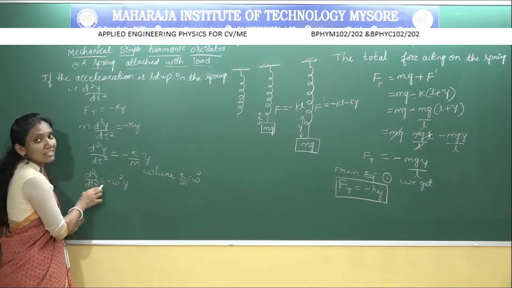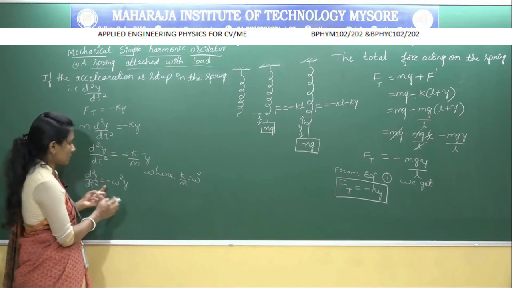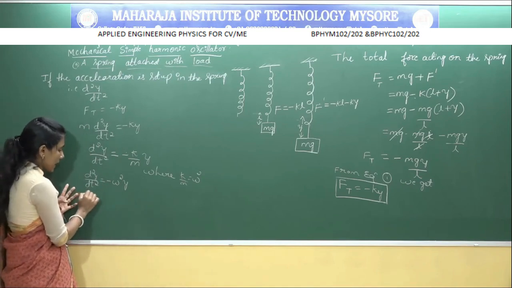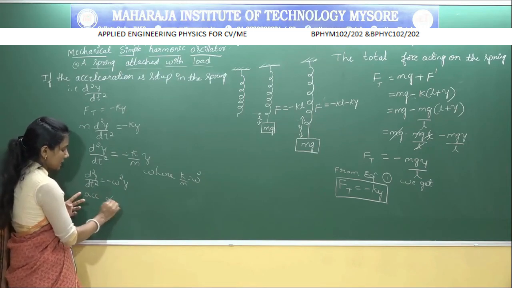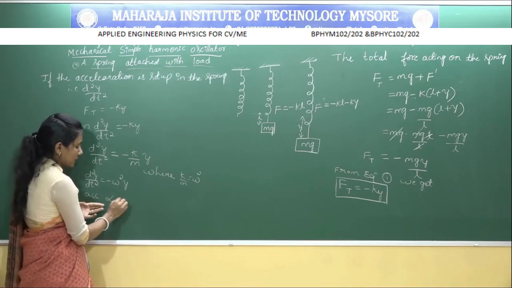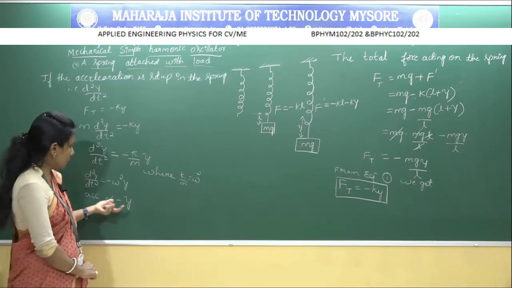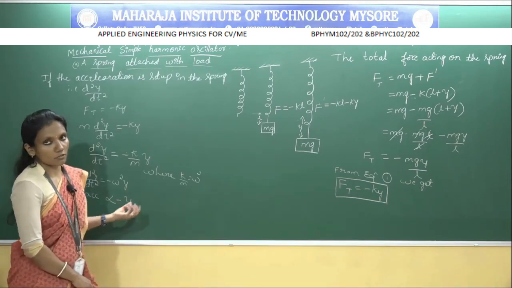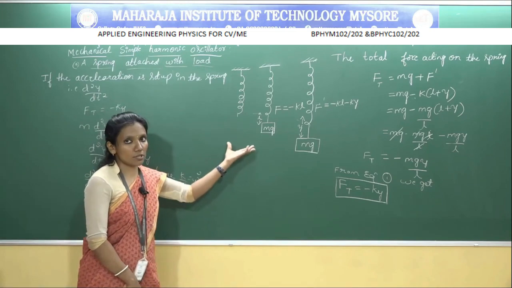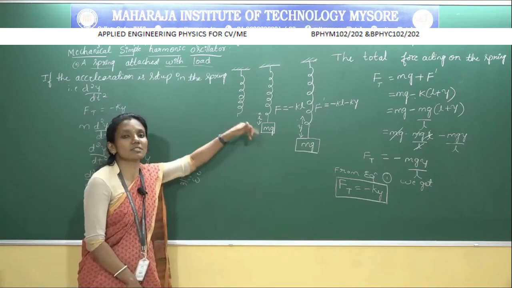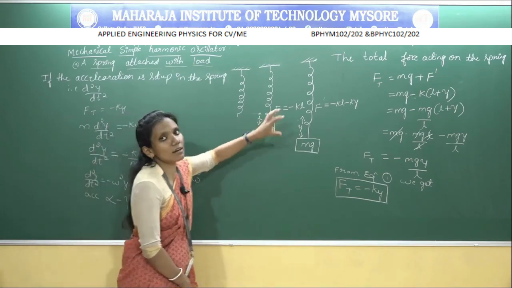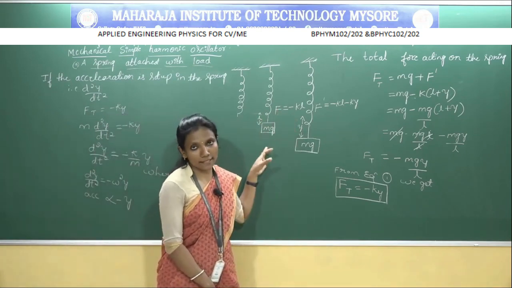So now from this equation we can analyze that the acceleration is directly proportional to minus y. So we know that in simple harmonic motion, acceleration is always directed towards the mean position, whether the body is compressing or elongating.